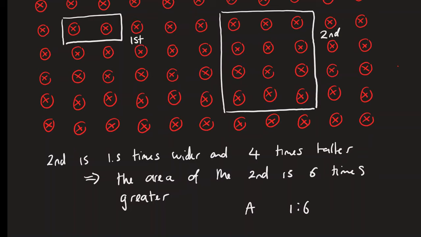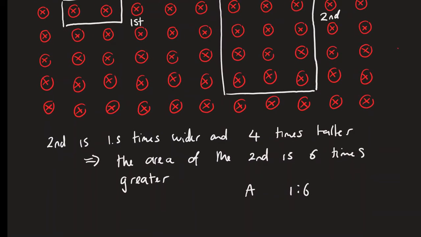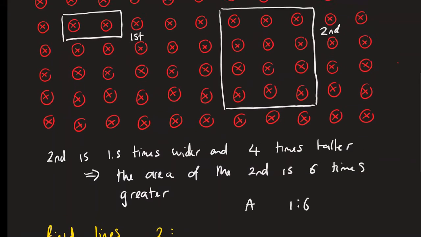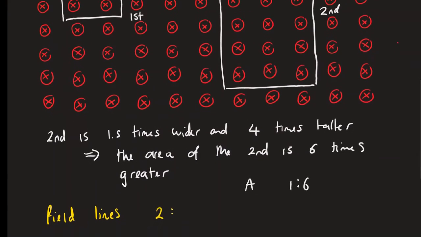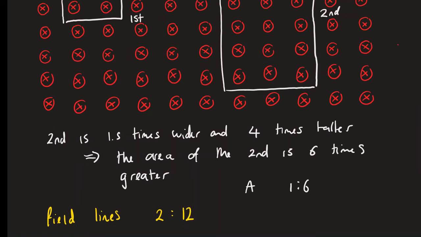Let's also look at the number of field lines they have. So the first has 2 field lines, and then the second has 12 field lines. If we simplify that ratio, say F for field lines, we get 1 to 6.